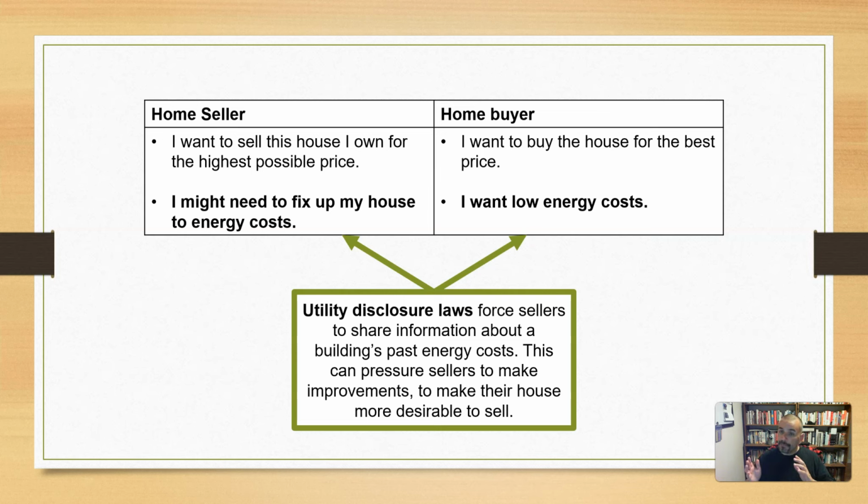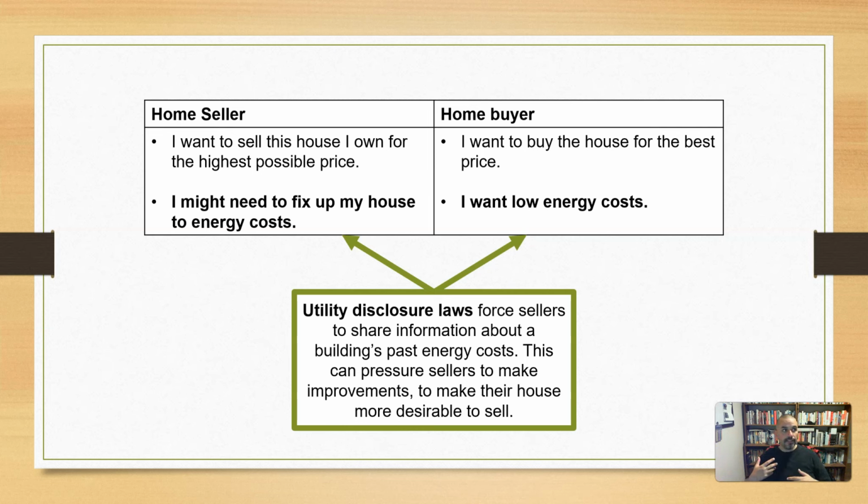So one of the things that we can do, and some places have done this, is to pass what are called utility disclosure laws. And this basically means that before someone can buy your house, you have to show them your past bills. So they'd have to see your past water bills, your past electricity bills, your past gas bills, so they can see, given the insulation and the appliances that you have in your home, just how efficient it really is.